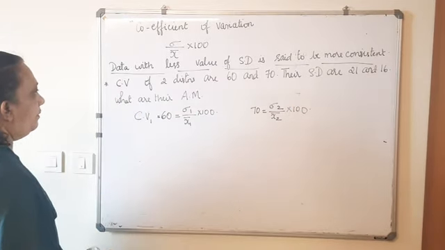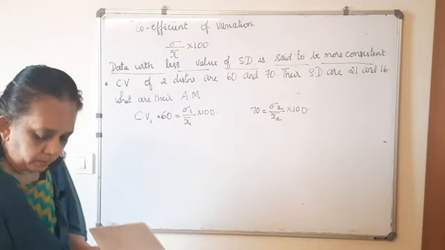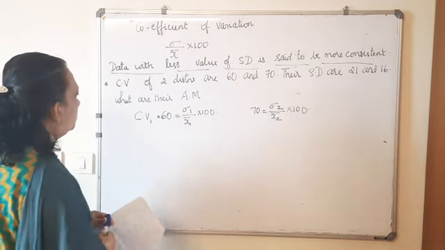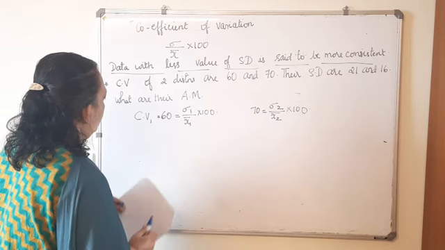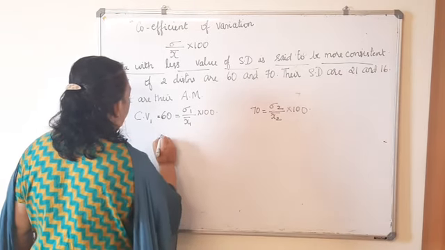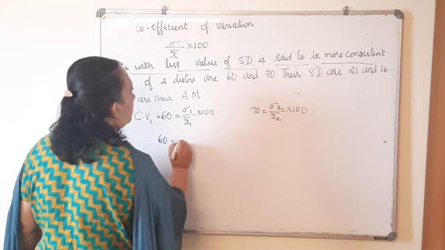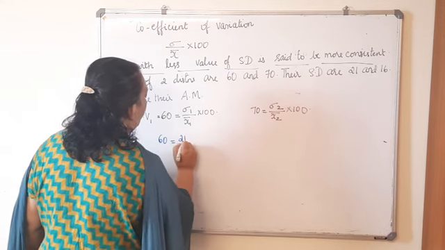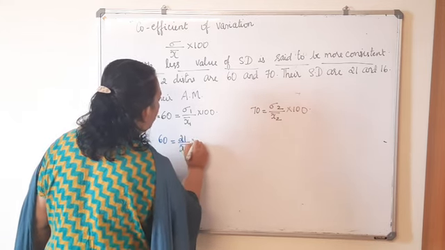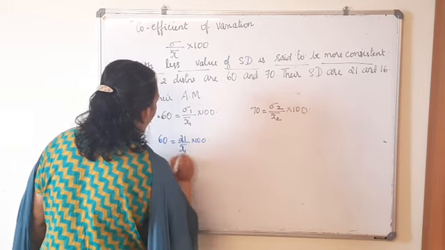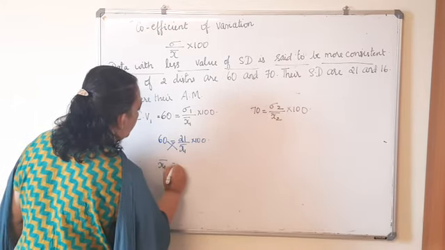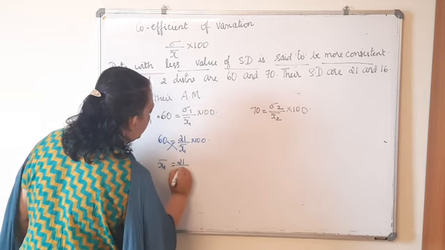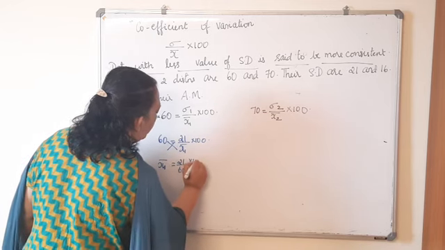Their standard deviations are 21 and 16. That is 60 is equal to 21 by x1 bar into 100, or cross multiplying, x1 bar is equal to 21 by 60 into 100.